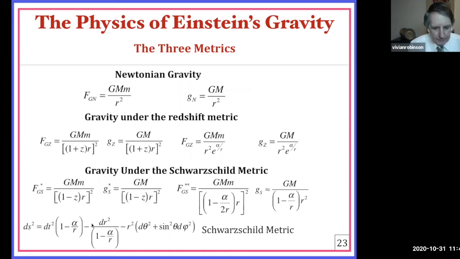So to keep those people happy, I will use this acceleration for gravity term of Gm over 1 minus alpha over r times r squared. It really doesn't matter what term you use. It's an approximation that has no validity in Einstein's work away from r much greater than alpha.